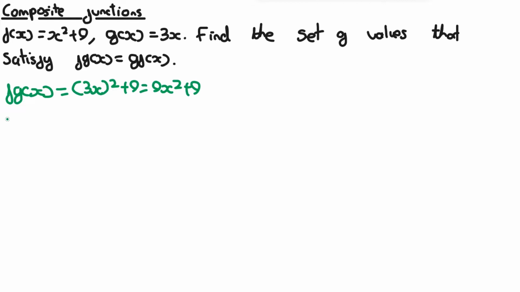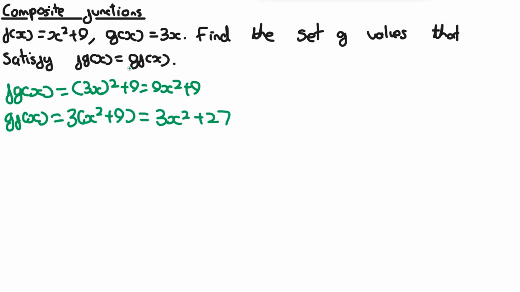So gf of x is going to be equal to 3 of x squared plus 9, which is equal to 3x squared plus 27. And then what we do is equal these to each other and then find the set of values that satisfy that. So it's going to be 9x squared plus 9 is equal to 3x squared plus 27.